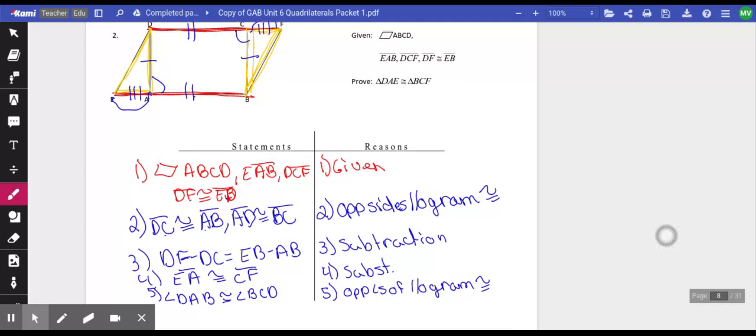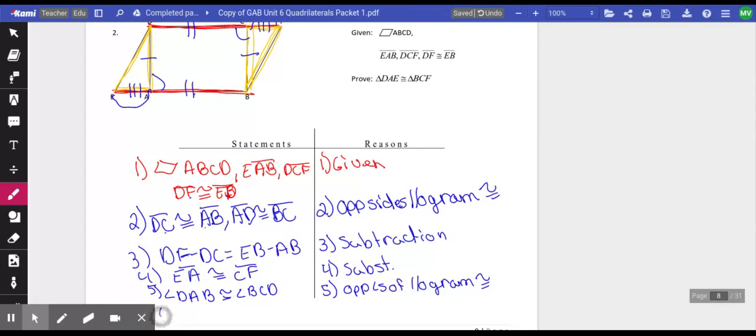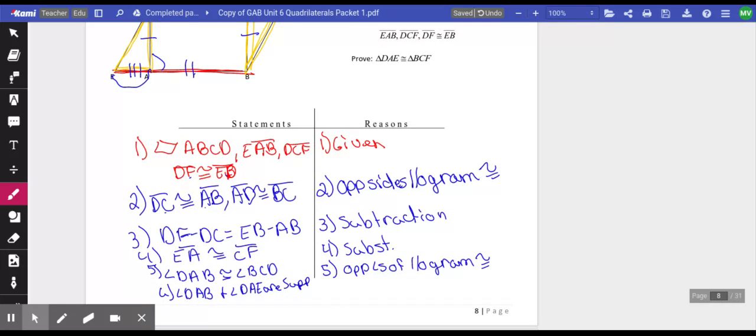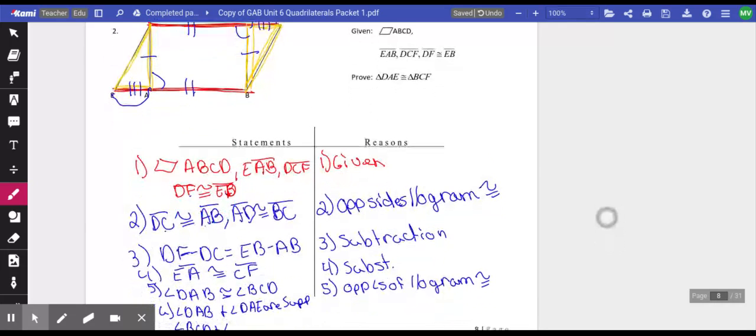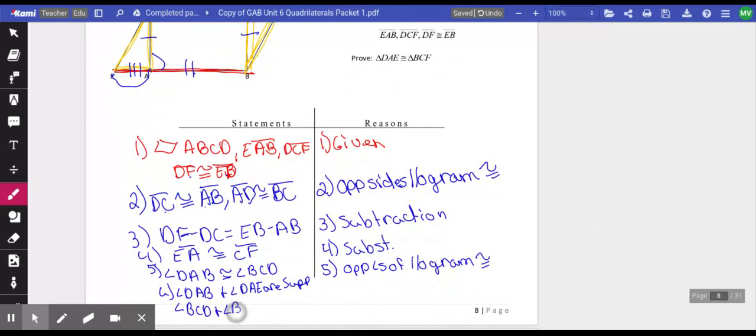Now I also know that angle DAB and angle DAE are supplementary, and that angle BCD and angle BCF are supplementary.